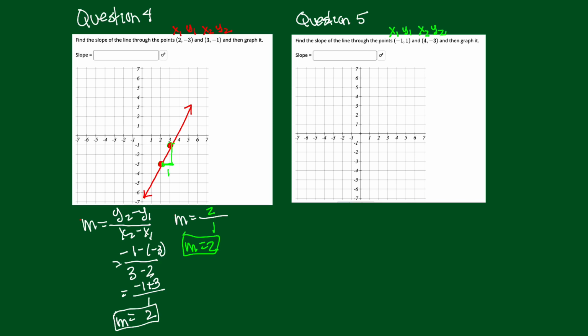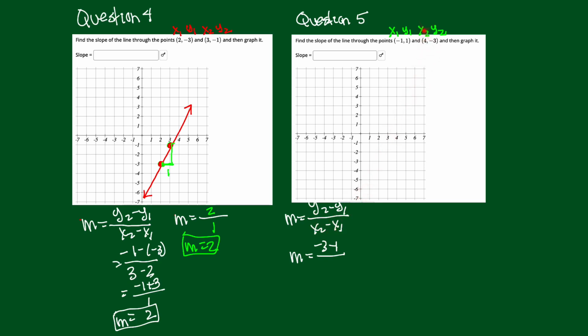So I'll do it with the slope formula: second y minus first y over second x minus first x. The slope will be second y minus first y, second minus first, so negative 3 minus 1, over second x minus first x.